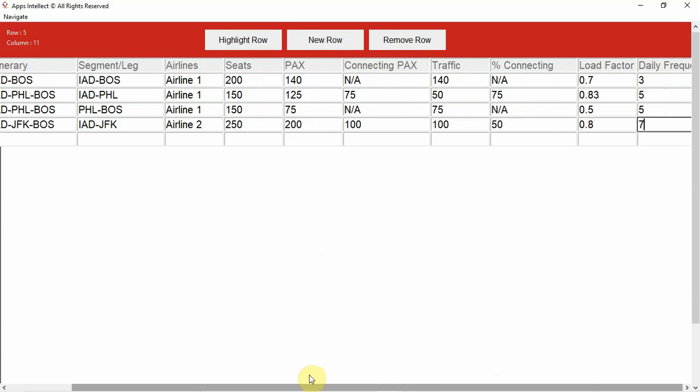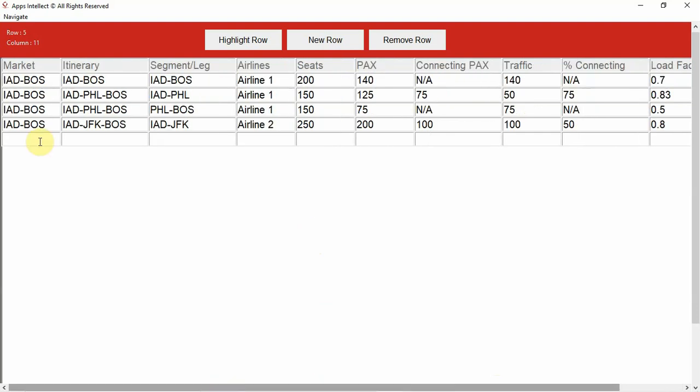So we'll complete the network. Now that it has flown from Washington to New York, from JFK, from New York to Boston, that is the second leg of this particular network. This is Airline 2 operating.